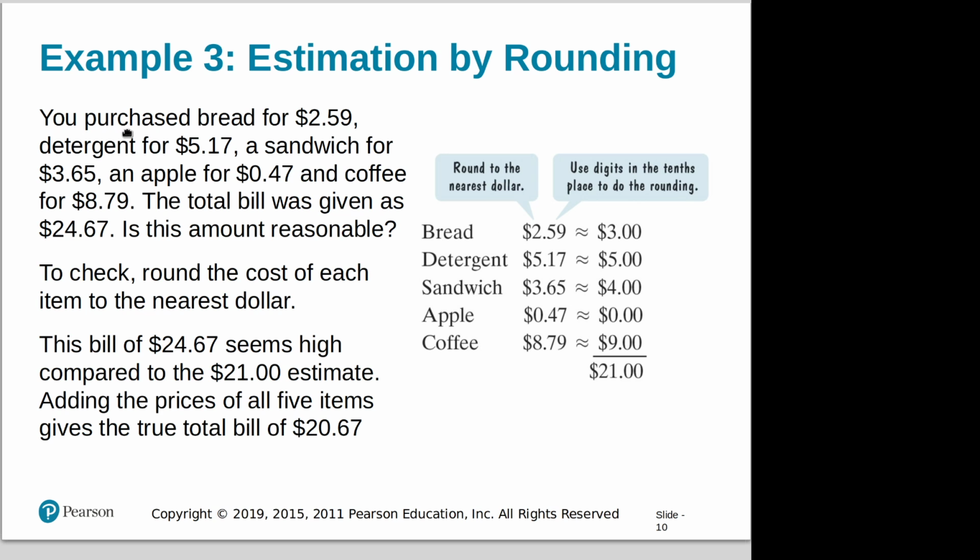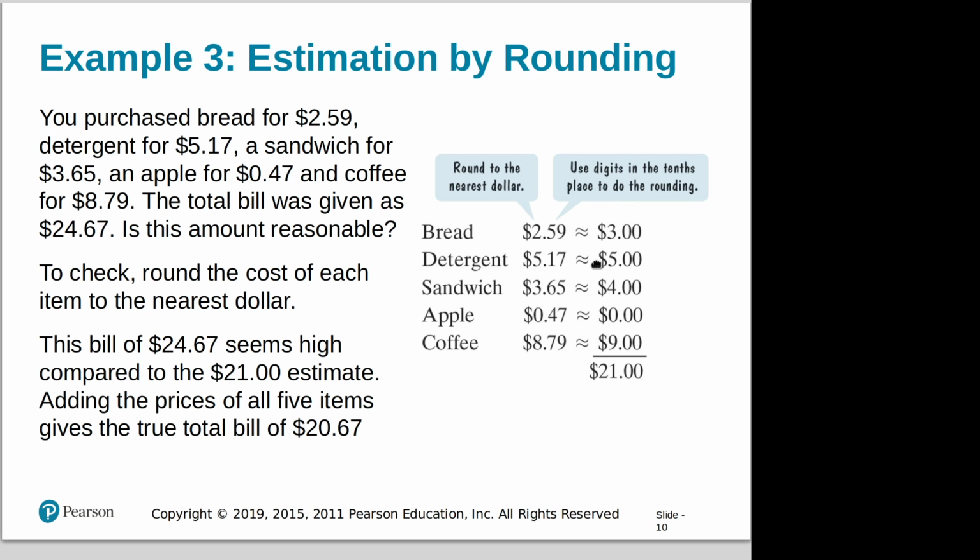And so here's all the purchases. Right, $2.59 for detergent, $5.17 for bread, $5.17 for detergent. And so as we round to the nearest dollar, we get numbers that are easy to add versus trying to add these in our head.